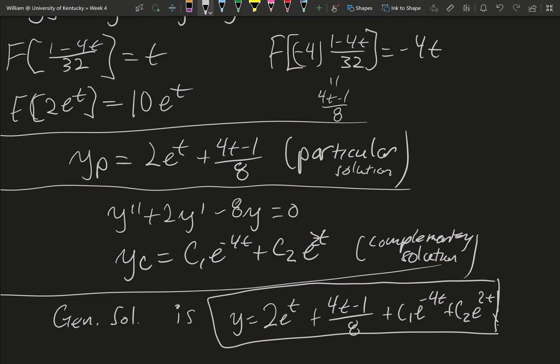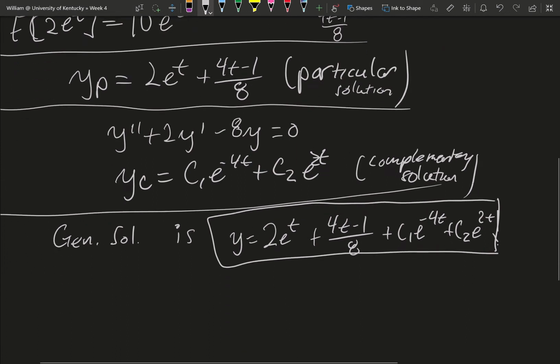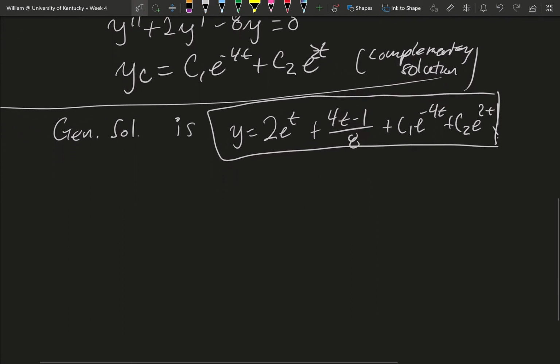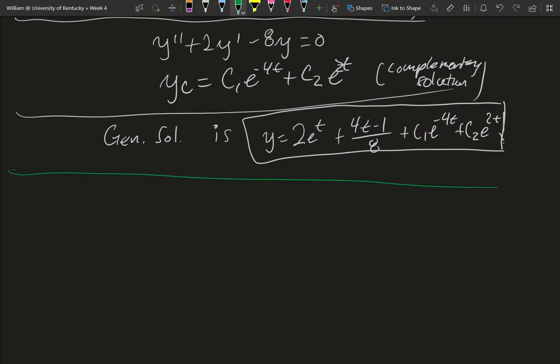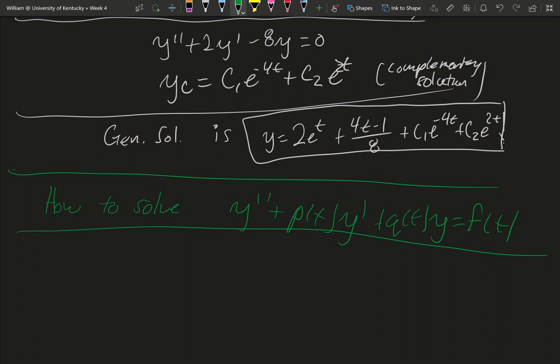All right. So to give the briefest of summaries, what we learned last time is how to solve stuff that looks like this: second order linear non-homogeneous equations.